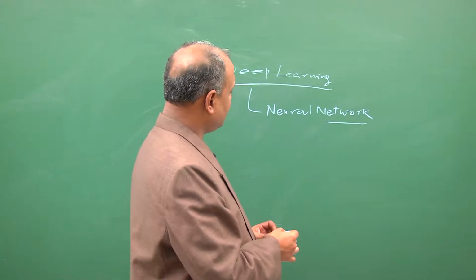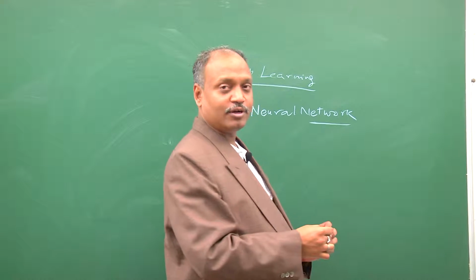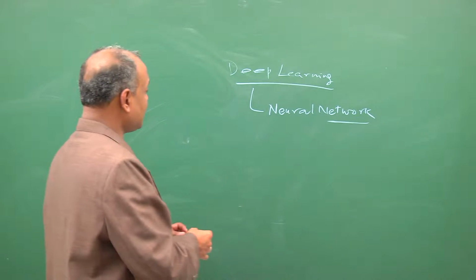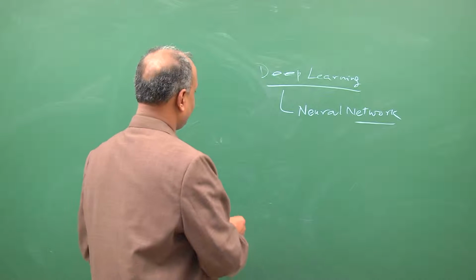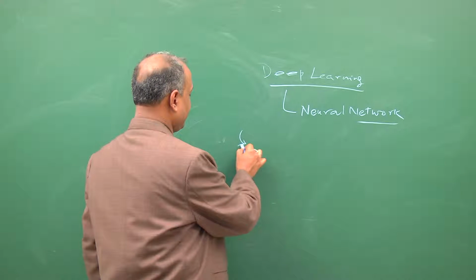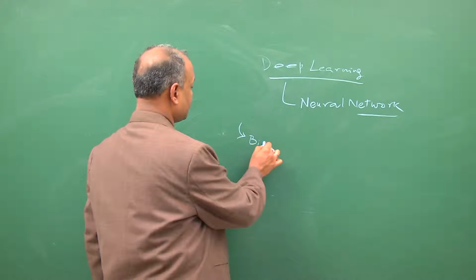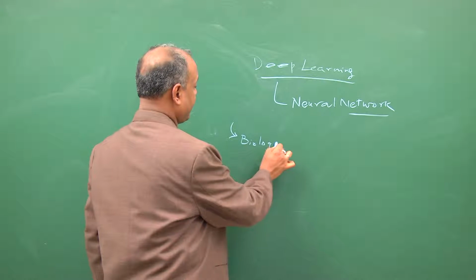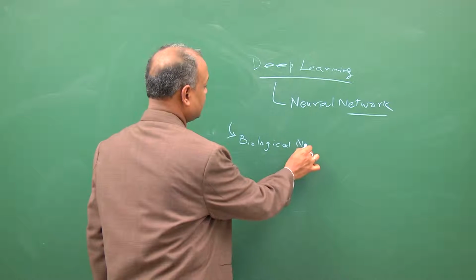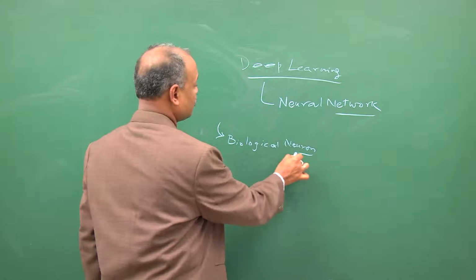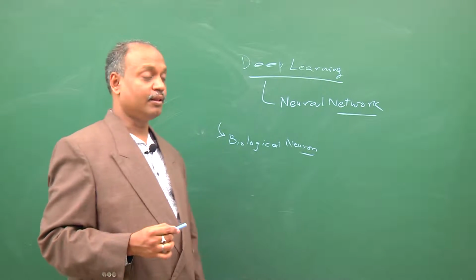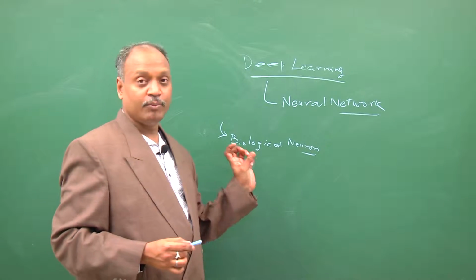If you see the concept of neural network, the basic idea originated from being able to capture what a biological nerve cell or a neuron would be doing in the brain. The idea is to mimic its functionality.